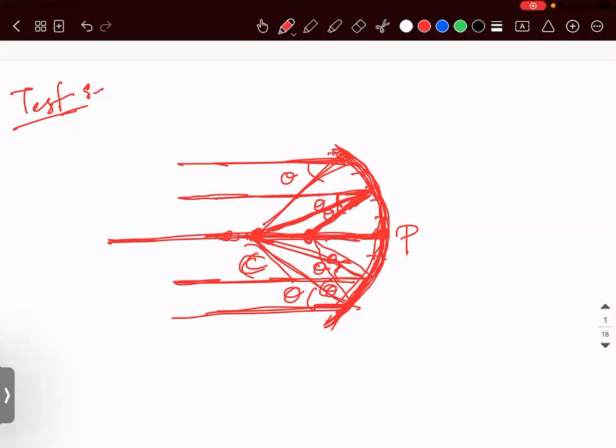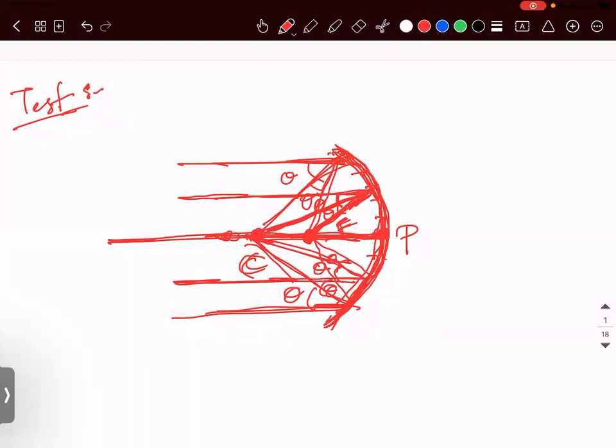Angle of incidence, angle of reflection or angle of refraction is always measured with respect to the normal. Okay. So again theta will be this one. Same theta. Okay. So all the points are touching here at F, which is called the focal point.